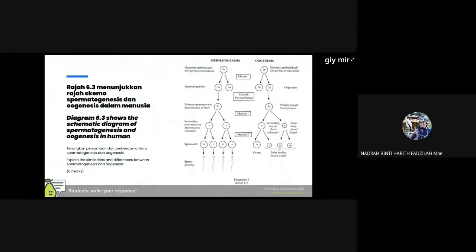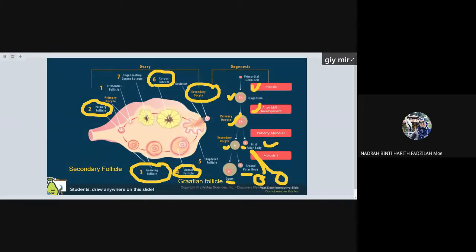So basically apa yang kita buat last week ialah kita buat comparison between the two, and then we know that dalam describing oogenesis kita bukan saja kena describe oogenesis iaitu daripada development of oogonium sampai primary oocyte, tapi kita juga perlu discuss mengenai development of follicle. Kita discuss sebelah kanan oogenesis, sebelah kiri kita discuss development of follicle.